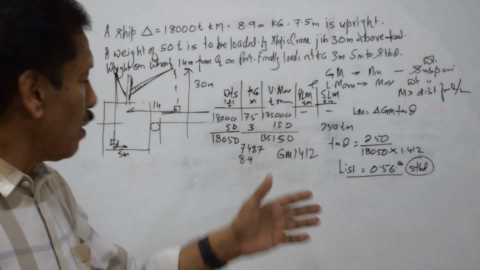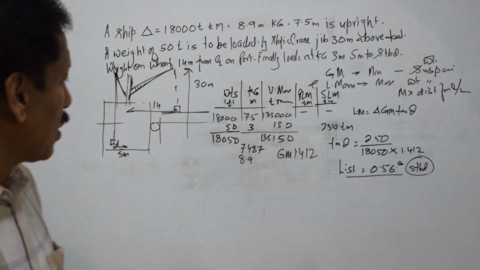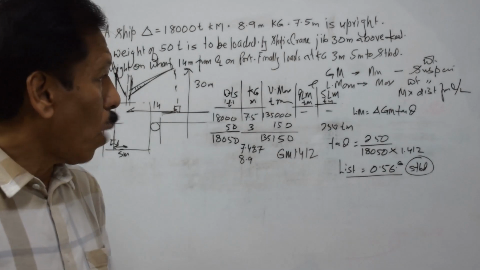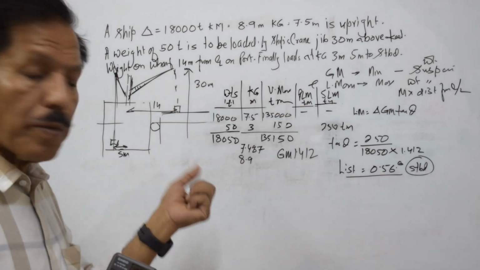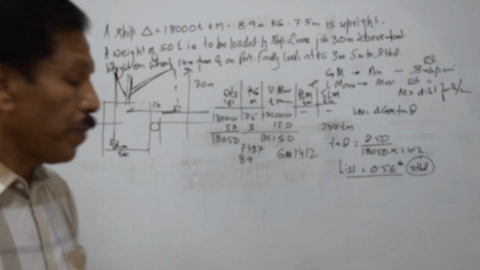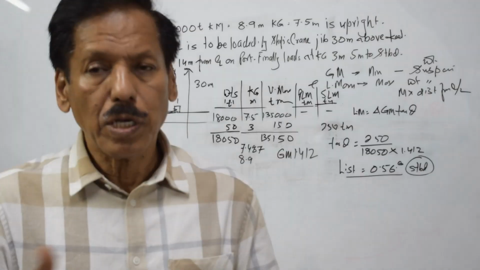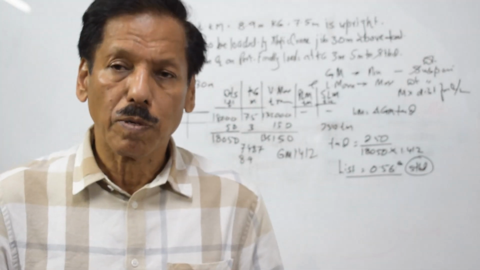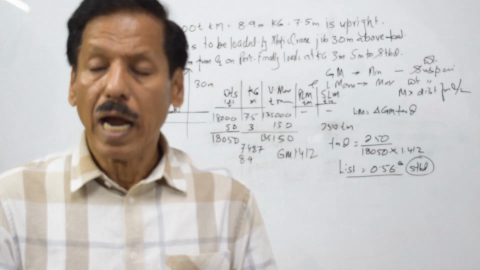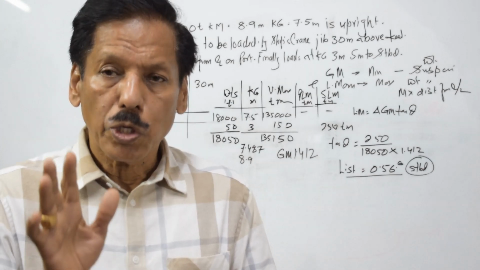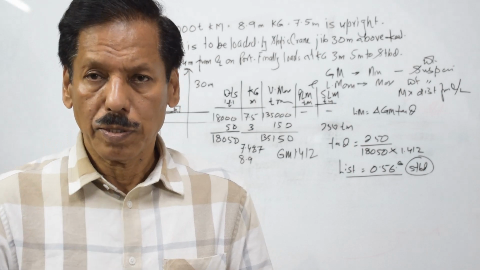So we've seen that when the weight is finally loaded on the starboard side, the list is only 0.56 degrees. But while the weight was just lifted from the jetty, at that moment, while the weight is off the jetty, the GM is minimum and the listing moment is maximum, and at that moment, the list was maximum during the entire operation.